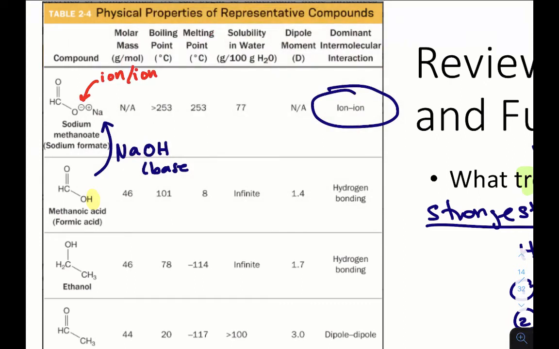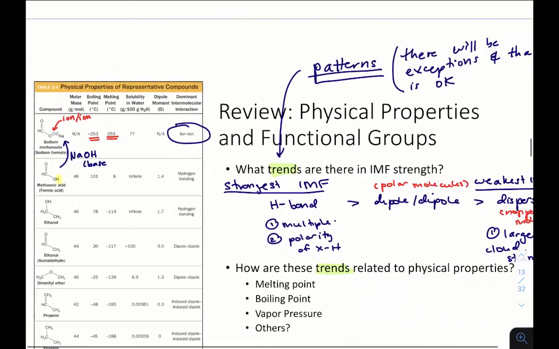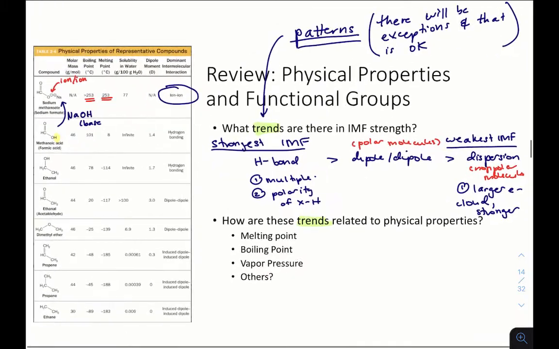And certainly for this substance, there's the highest of all boiling points, the highest melting point. So why is that? Why are ion-ion forces even stronger than hydrogen bonding interactions? Well, it's because you have full charges. The greater the magnitude of the charges, the stronger the attraction between them.